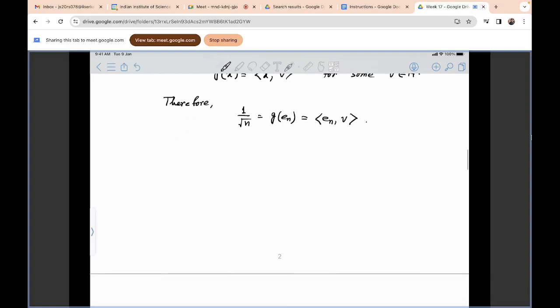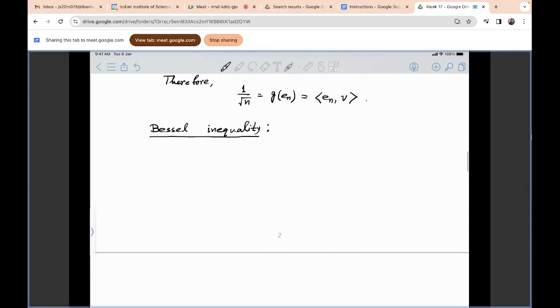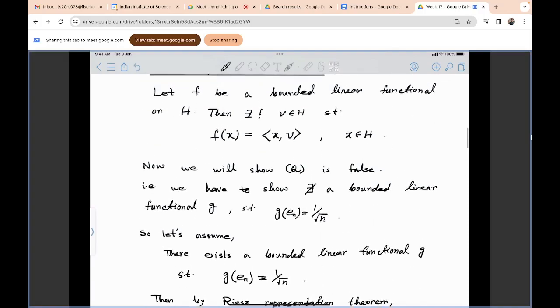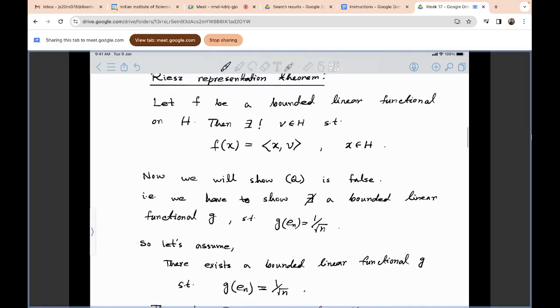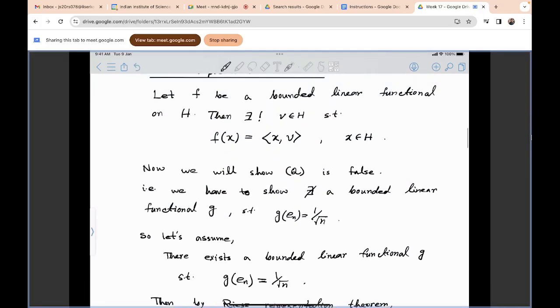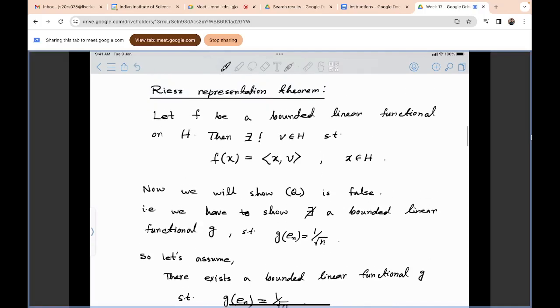Now we will use another result, the Bessel inequality. But the Riesz representation theorem will itself give us the norm.